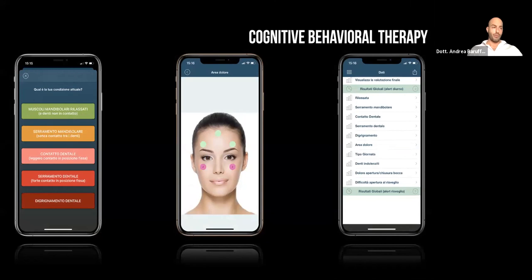For this type of therapy, I like to use this app because it sends notifications that make the patient think about their actual condition, whether the muscles are relaxed or not.